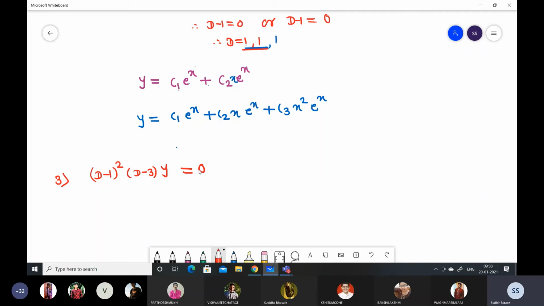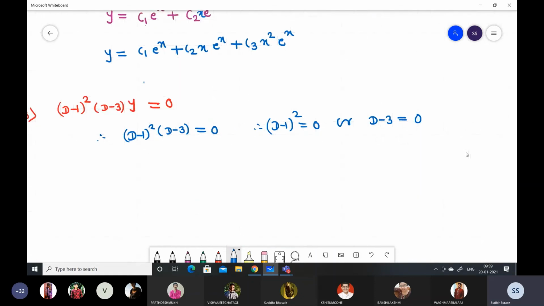Of course, this is homogeneous as the right hand side is 0. Now our aim is to find the roots. So we will equate the coefficient of y to 0. Therefore (d minus 1) whole square (d minus 3) is equal to 0, and therefore (d minus 1) whole square is equal to 0, or d minus 3 is equal to 0, right?